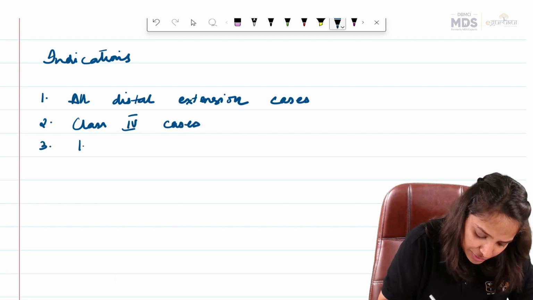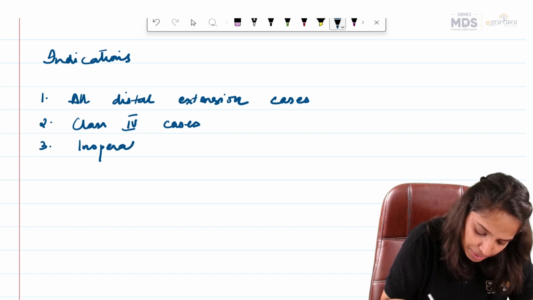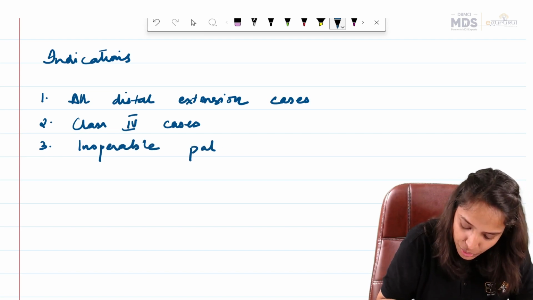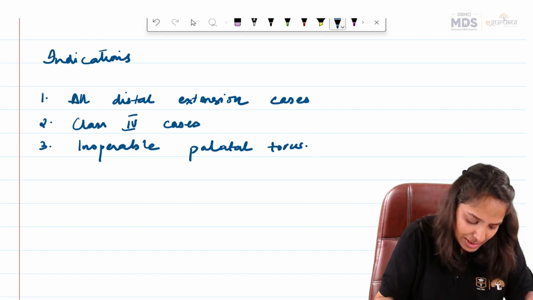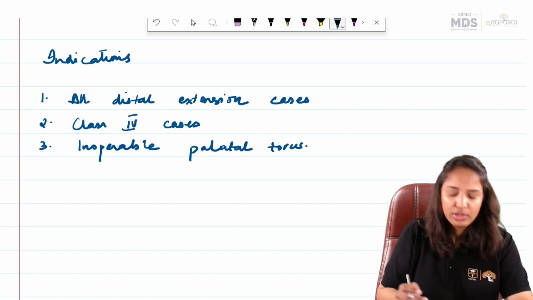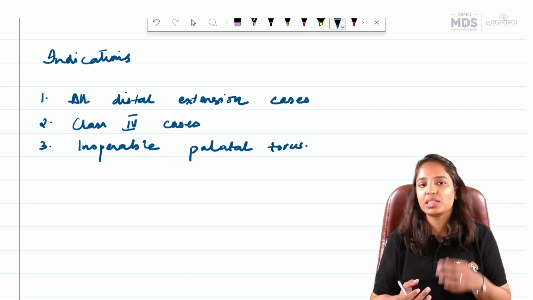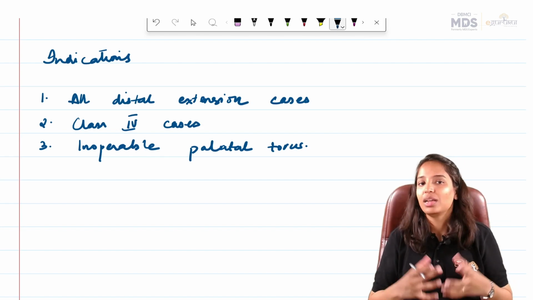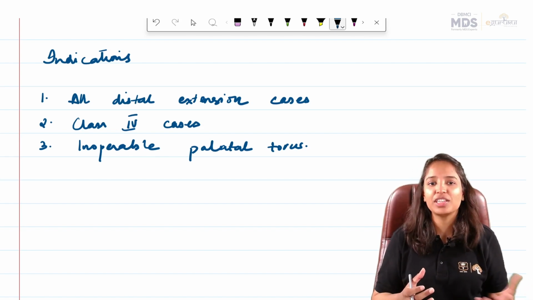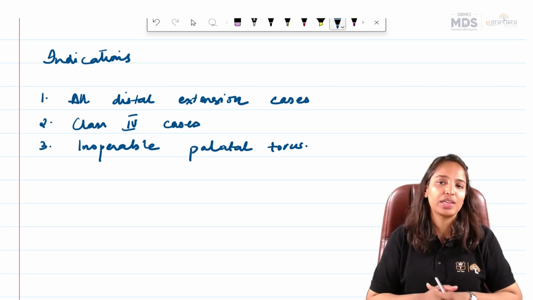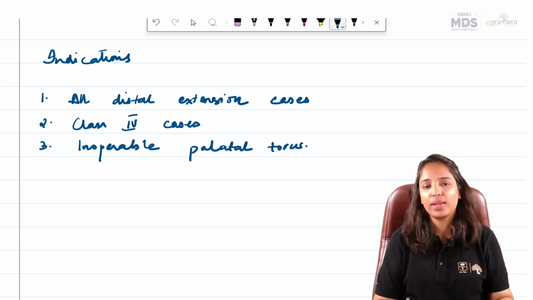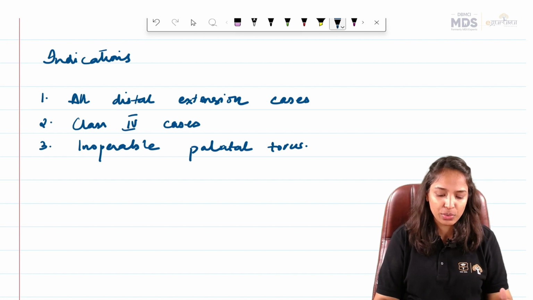In the presence of an inoperable palatal torus, you can use AP strap, same as your AP bar. So all your distal extension cases, whether it is class 1, class 2 with a modification space, or widely spaced abutments, in all of these situations you can use AP strap, also in the presence of an inoperable torus.